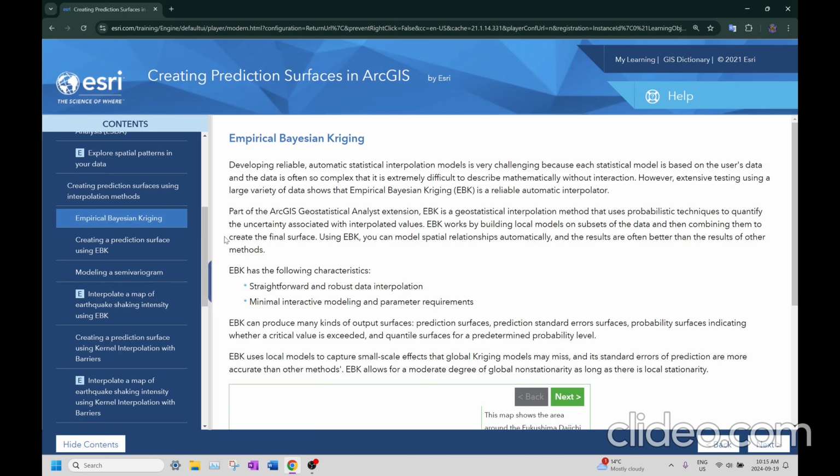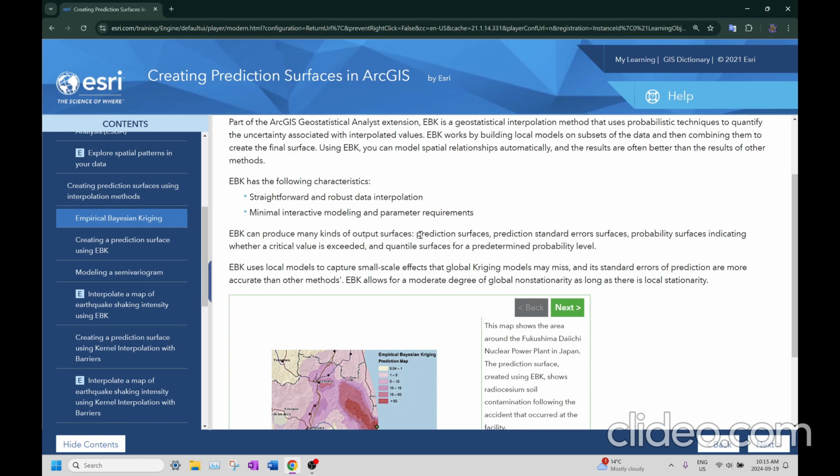It has better results compared with other methods. It produces a prediction surface, a prediction standard error surface, a probability surface indicating whether a critical value exists, and a quantile surface for a predetermined probability level. You can use local models to capture small scale effects that a global kriging model may miss.